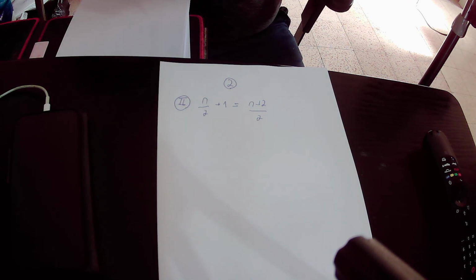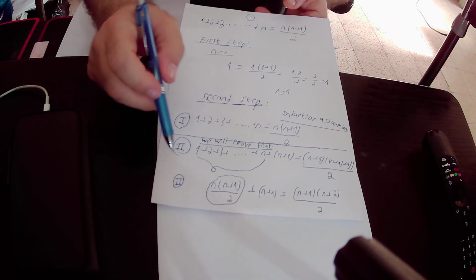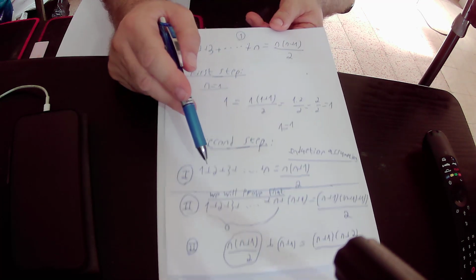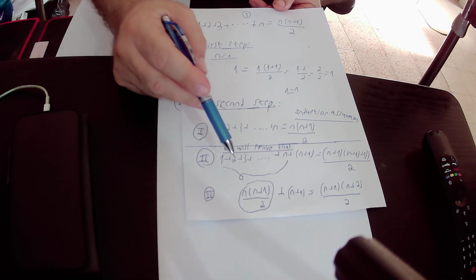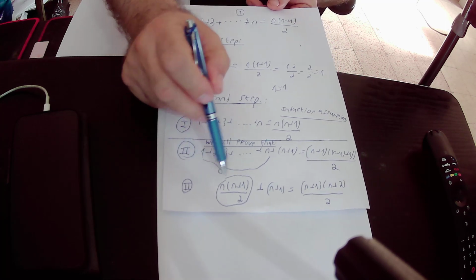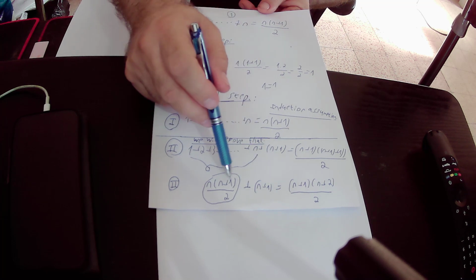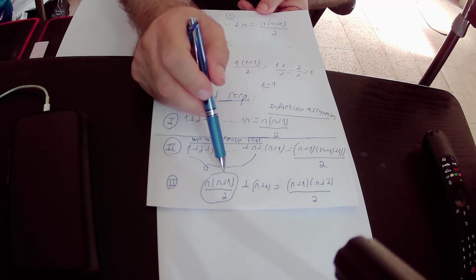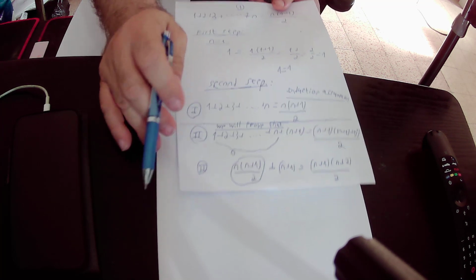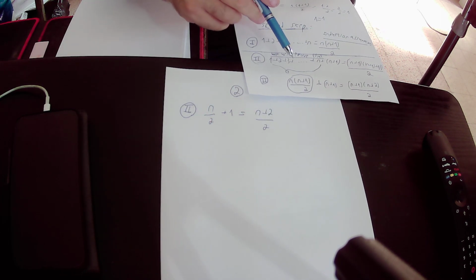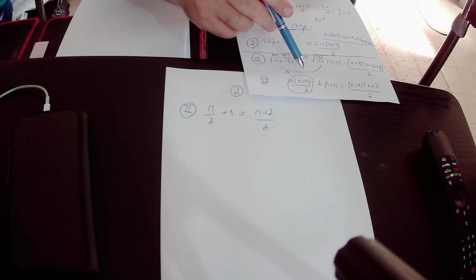So after we divide the two sides of the second expression by n plus 1, we actually got n times n plus 1 divided by 2.